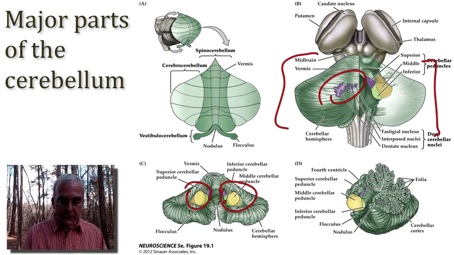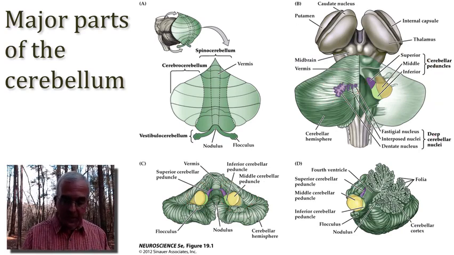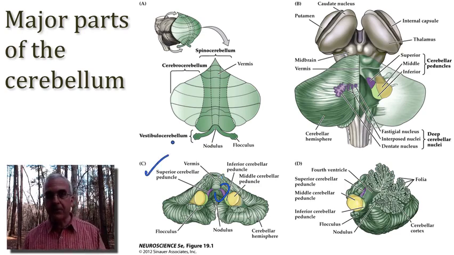Those three peduncles are this large, massive middle cerebellar peduncle, by far the largest of the three. And just on the superior aspect of that peduncle, we find a superior cerebellar peduncle, and that is this structure that is shown here in this purple color, the superior cerebellar peduncle.